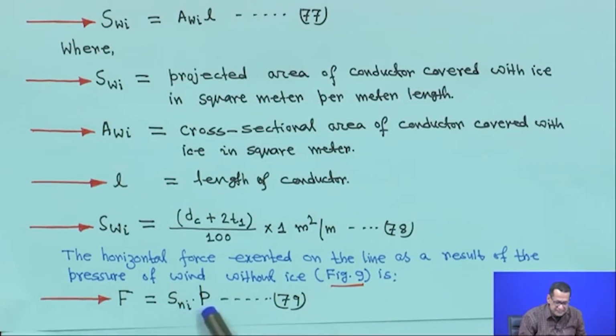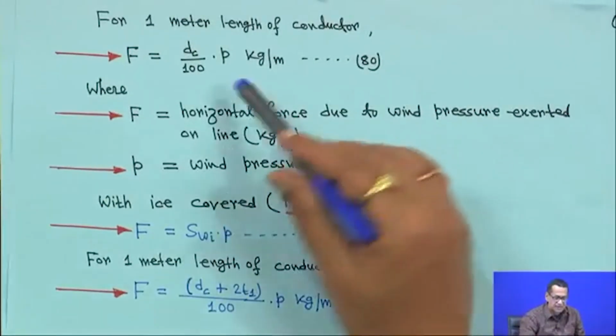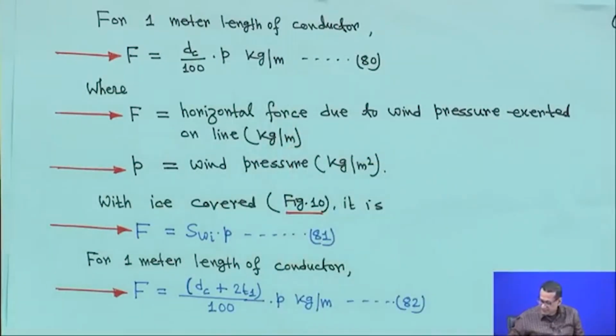So, F is equal to SNI into P, this is equation 79. And when it is covered with ice, and for 1 meter length of conductor, F is equal to dc upon 100 into P kg per meter.